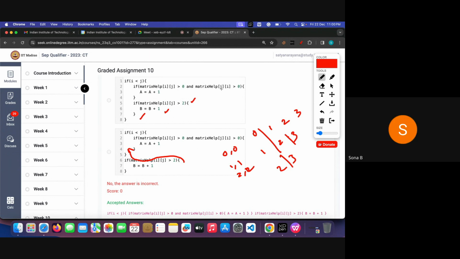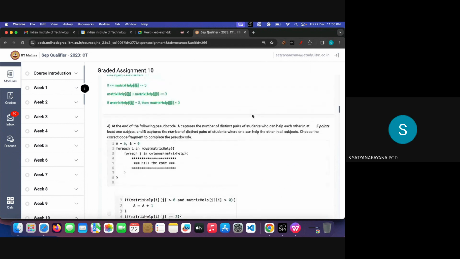If it was inside, then we cannot check all the pairs, no? It's given in the question that I should help J in all the 3 subjects. But if we put the condition I less than J, then we cannot check.